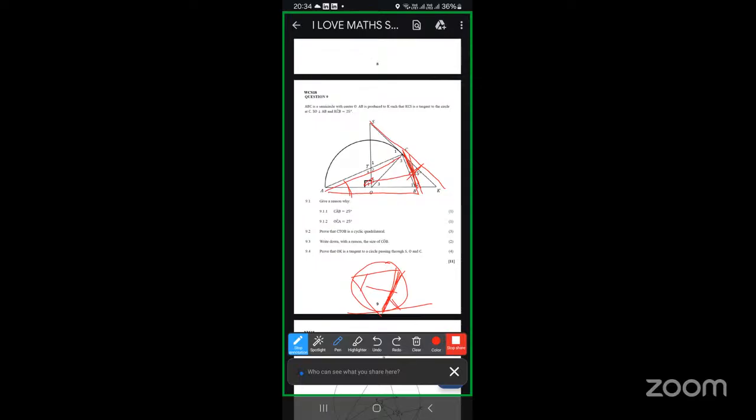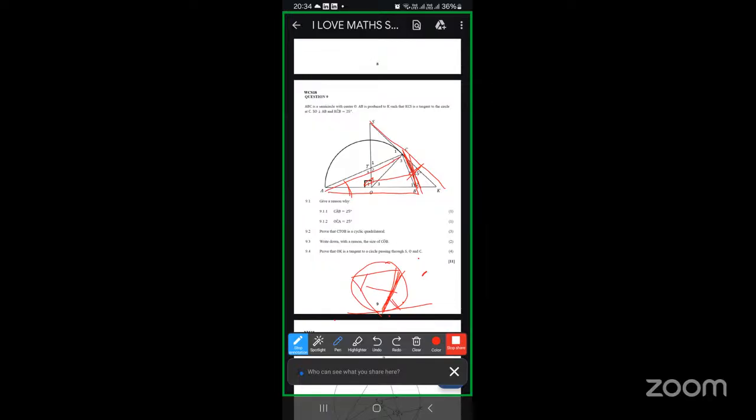Reason being the tan chord theorem. Can you now see it? Yes, I do. Are you sure? Yes. Okay, thank you.